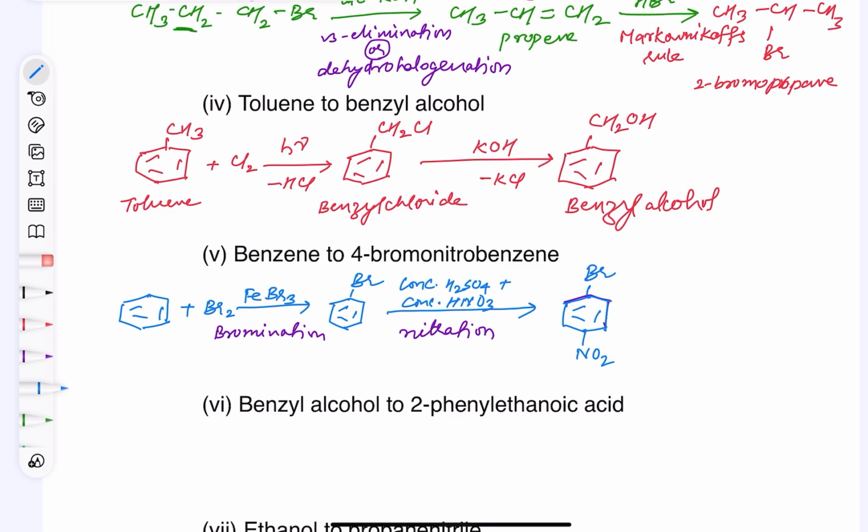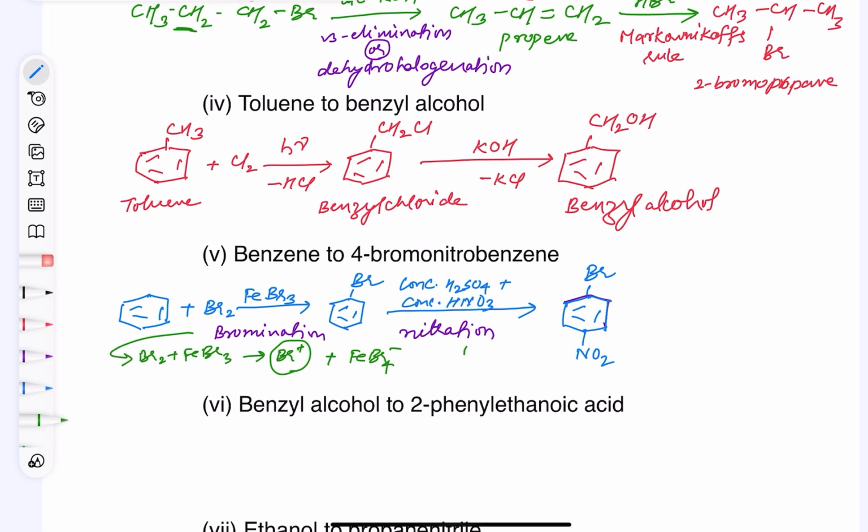Now here let me tell you one thing extra. When Br2 is made to react with FeBr3, actually it is Br plus which is formed, the electrophilic ion, along with FeBr4 minus. So this attacks your benzene ring to give you bromobenzene in bromination.